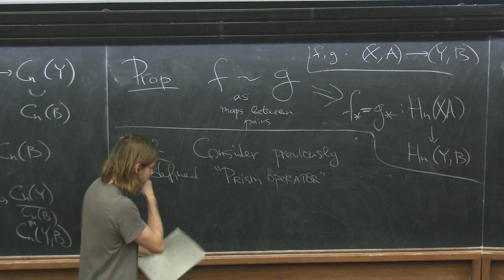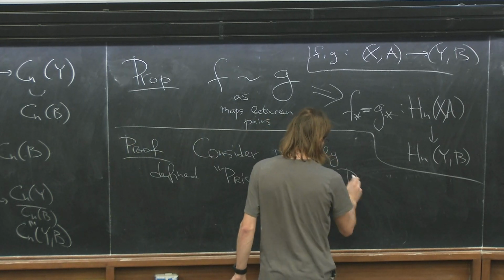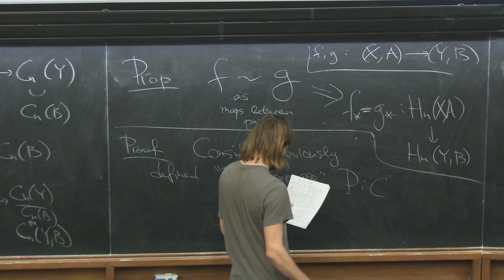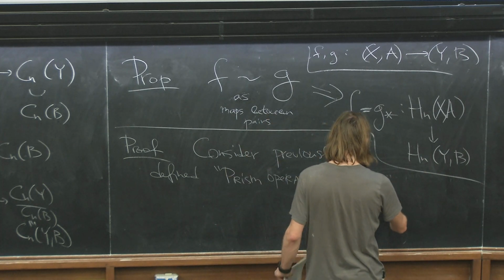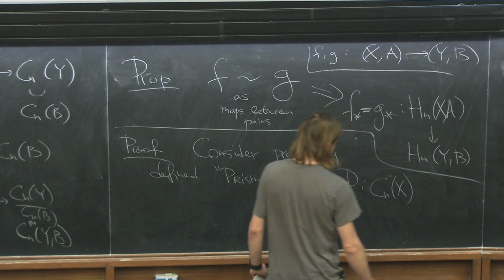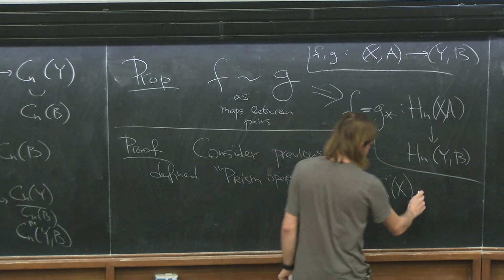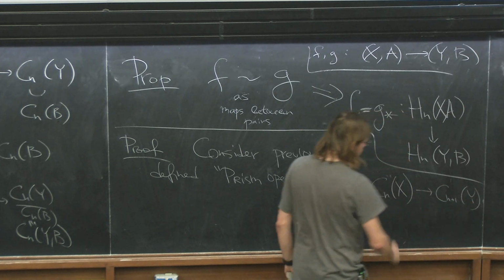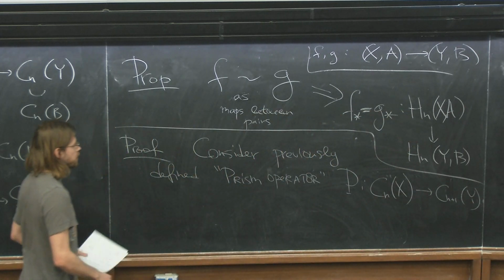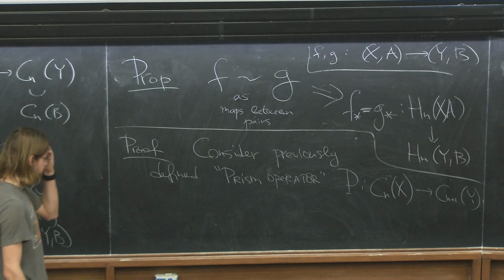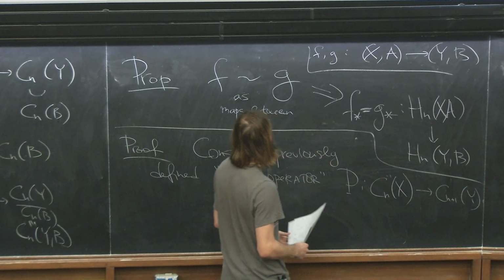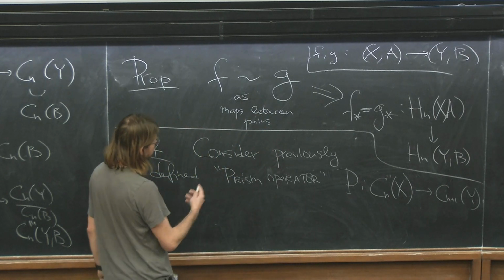We denoted it by capital P, and it was a homomorphism from Cn of X to Cn plus 1 of Y. This prism operator was defined using an explicit expression of the homotopy.